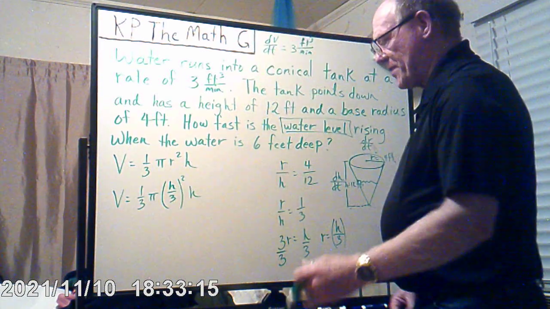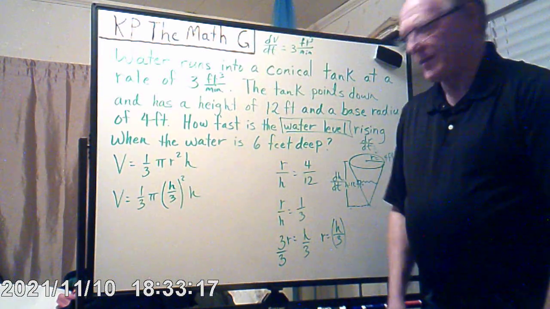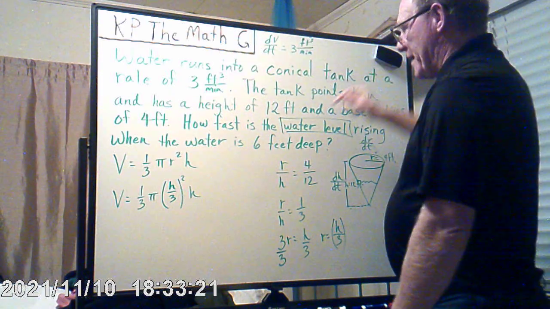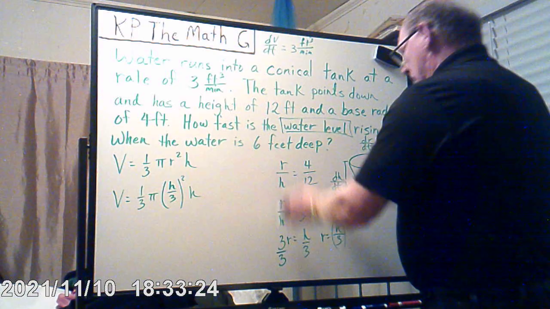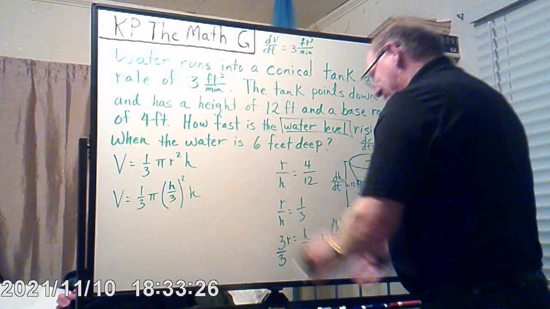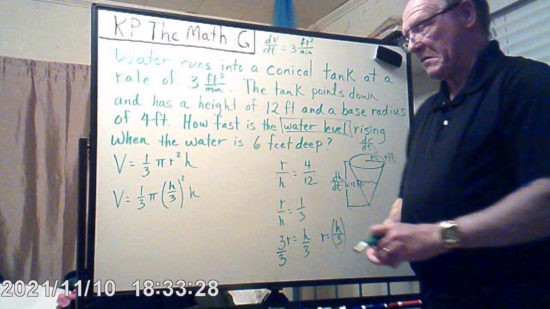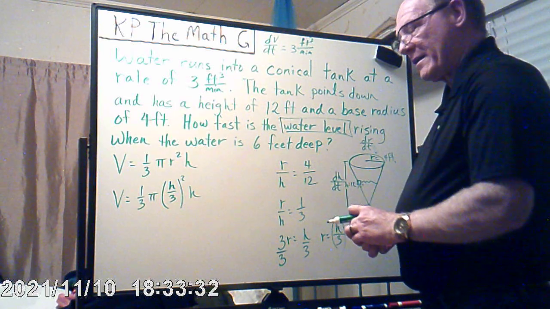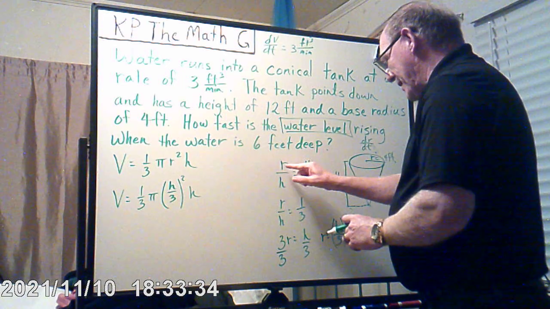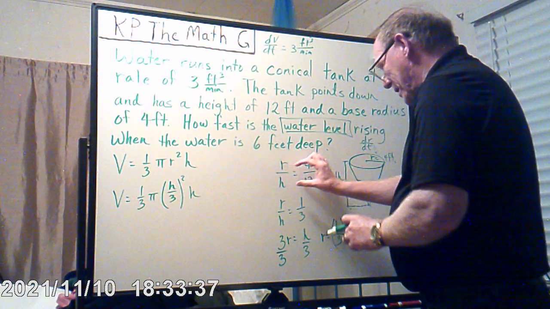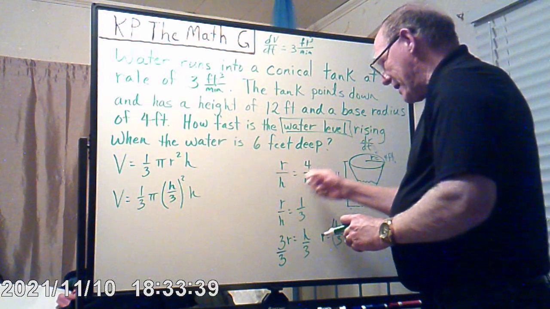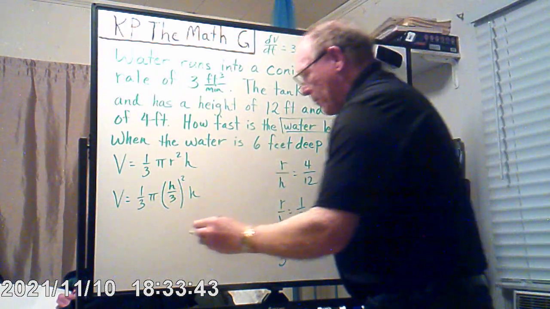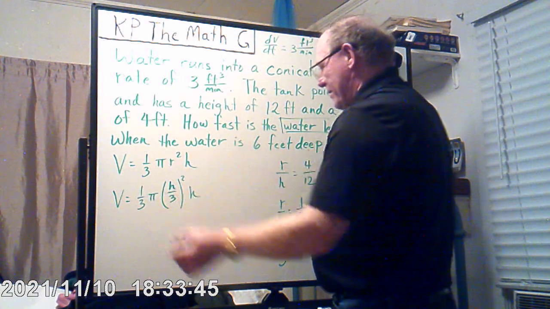That's one thing you just have to learn how to do: when you're looking at a conical tank, you're usually going to have a ratio that you have to deal with. When I worked it out before, I had these flipped over, so make sure that everything corresponds with the radius and with the height. Let's finish our problem now. We haven't even taken the derivative yet.